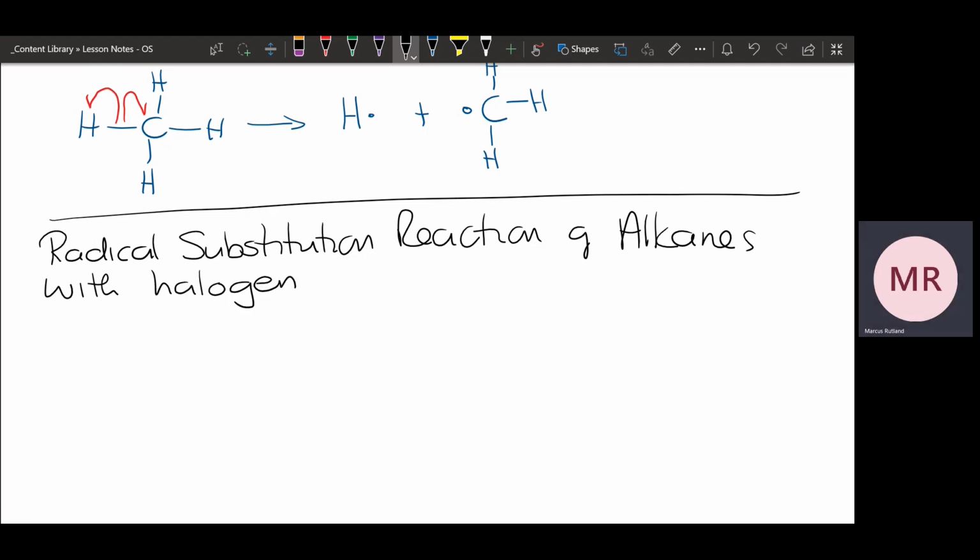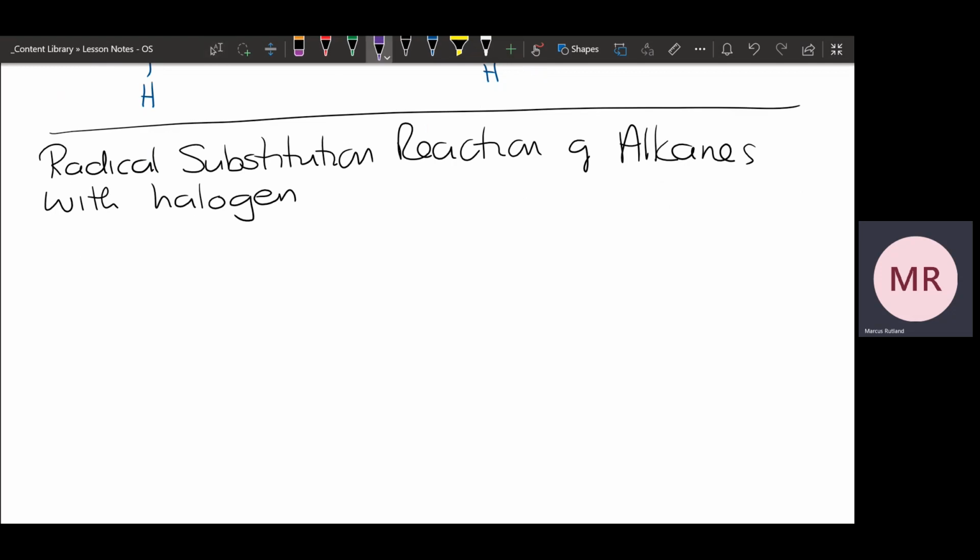It was mentioned very briefly in one of the early videos as a reaction you need to know involving haloalkanes. It's an unusual reaction because alkanes, just saturated hydrocarbons, don't have any functional group that brings reactivity into the molecule. So there's very little you can do with alkanes.